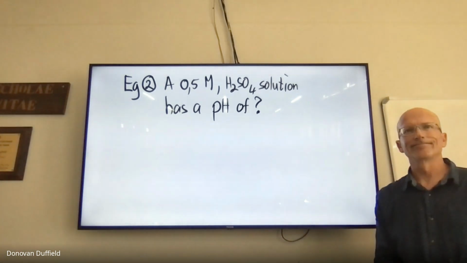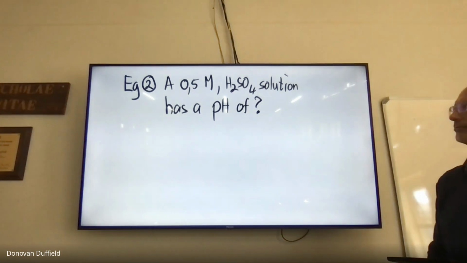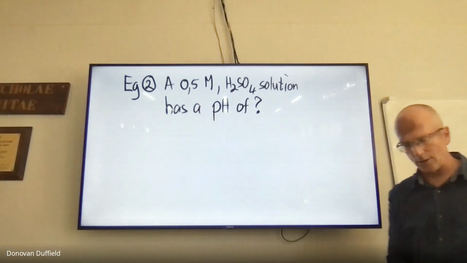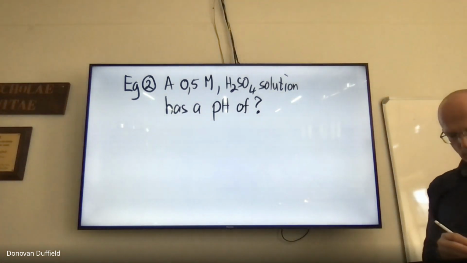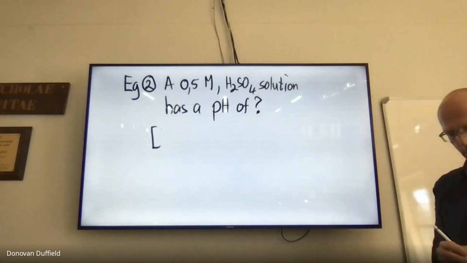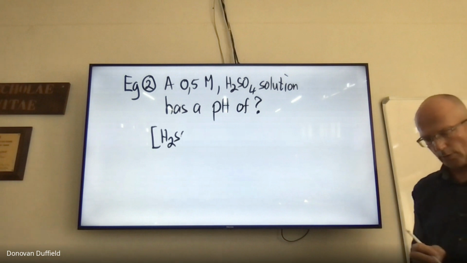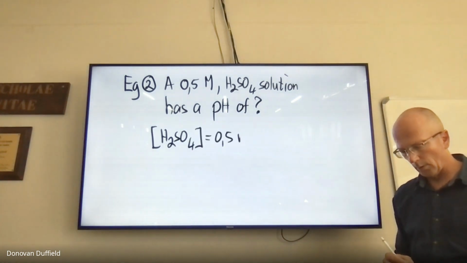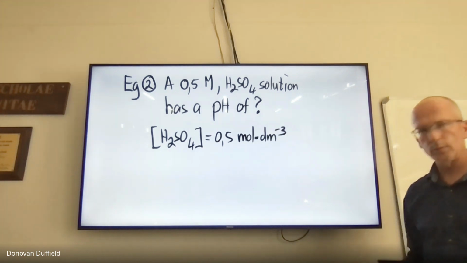So that's moles, not concentration. This is concentration. So in essence, what I'm telling you is that the concentration of H2SO4 is 0.5 mole per cubic decimeter.